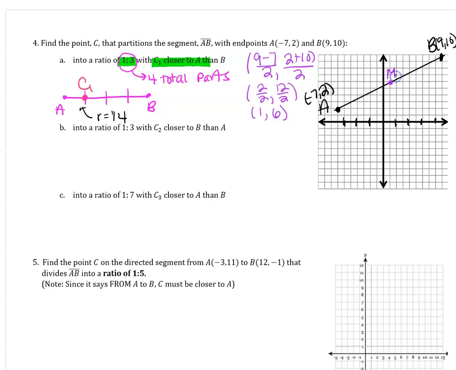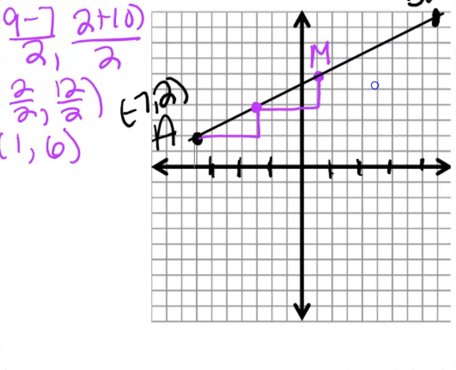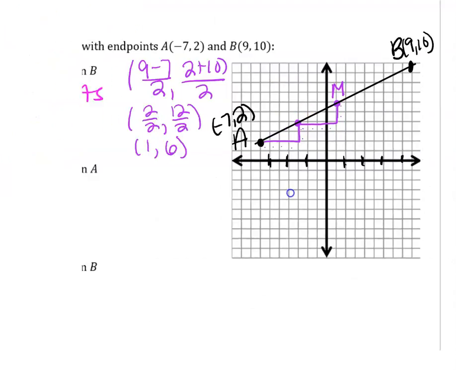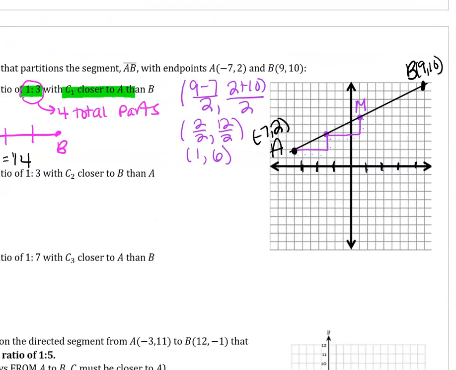If you want to call that M, that's the midpoint of that segment. Then from there, you could find the midpoint again, or use some visual inspection. That looks like the midpoint because I can use slopes to figure that out. It goes over 1, 2, 3, 4, up 2, 1, 2, 3, 4, up 2. We talked about that earlier in the year as well.